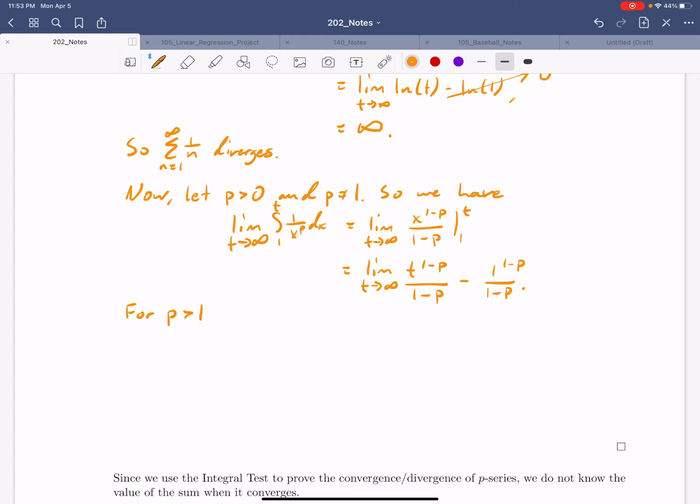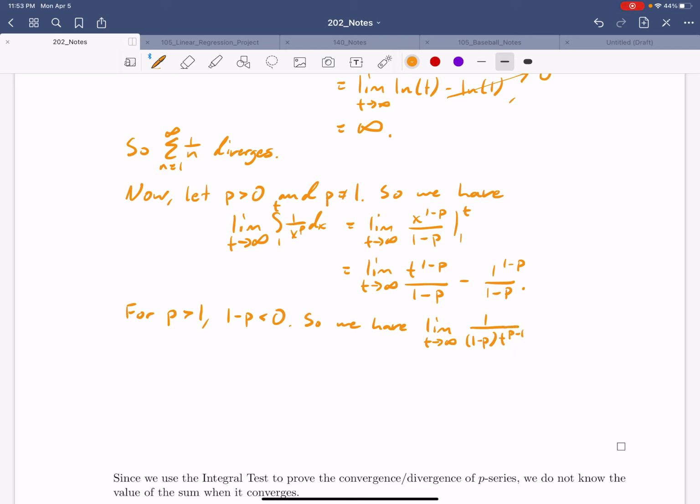If p is greater than 1, then 1 minus p is less than 0, right? So it's best to think of this as the limit as t approaches infinity of 1 over 1 minus p times t to the p minus 1, right?